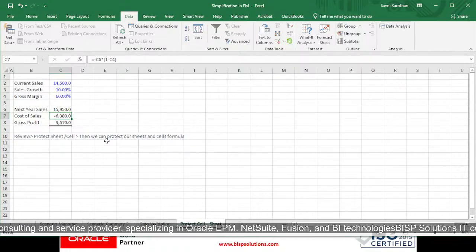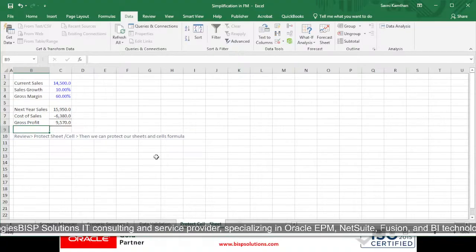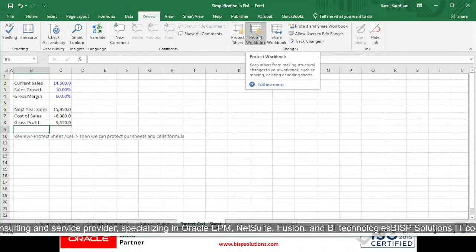Now coming to our next topic, protecting cells and sheets, where we use this function to lock cells or sheets from editing. We have created a perfect model and we don't want our calculations to get messed up, so protection is like putting a lid on your secret sauce, no one can spoil it. For that, we go to the review section. Under that we get a protect workbook option.